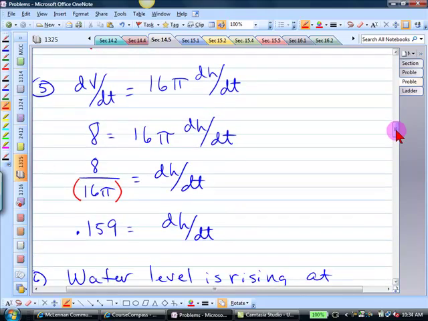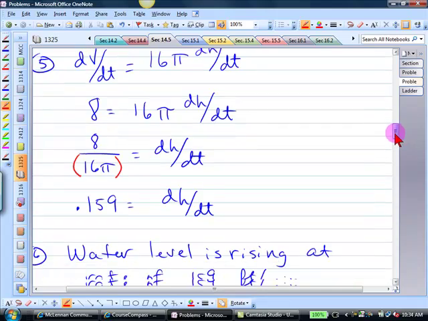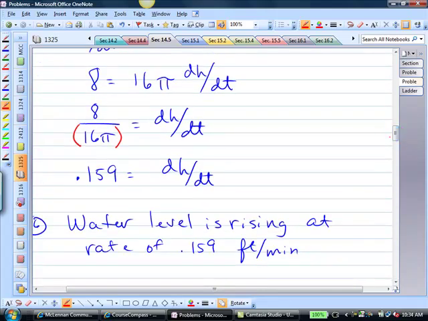Everybody get 0.159? And so then you would just write the water level is rising at a rate of 0.159 feet per minute.